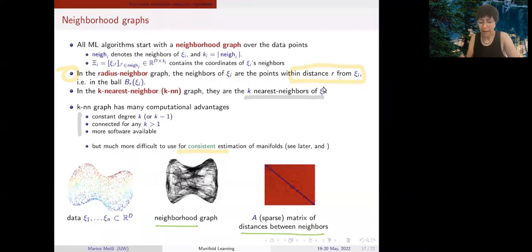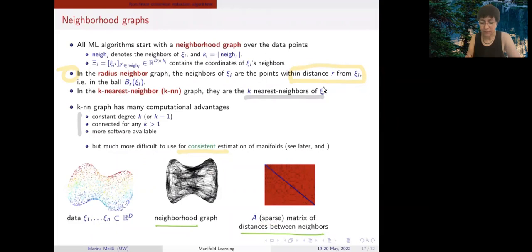Yeah. And this is the last idea. The last idea is as follows. After we have found the neighbors for each point and calculated the distances between neighbors, only between neighbors, that's why this matrix is sparse, then we can throw away the original data.